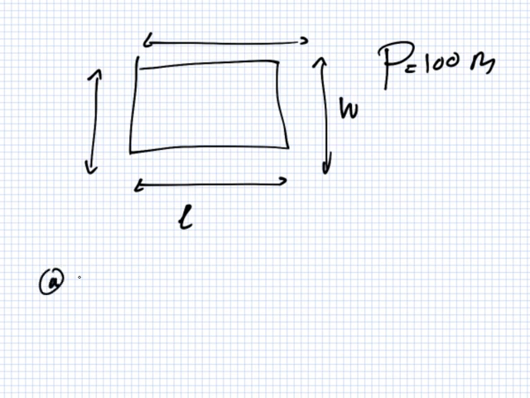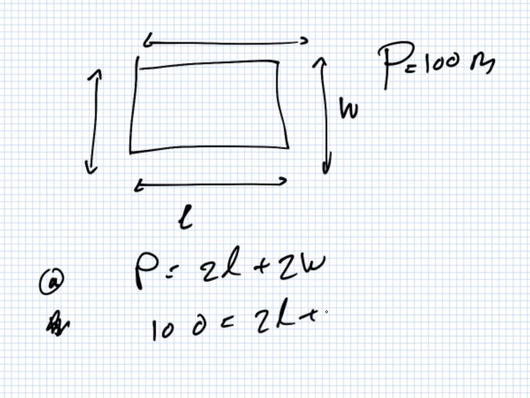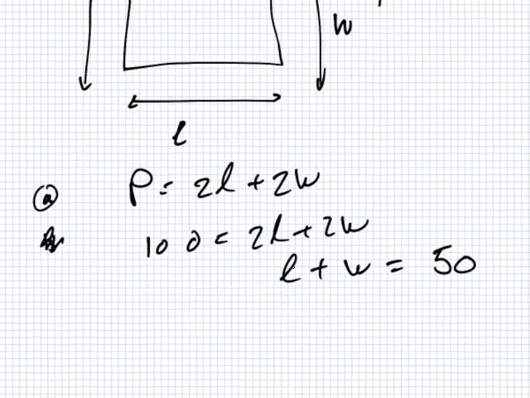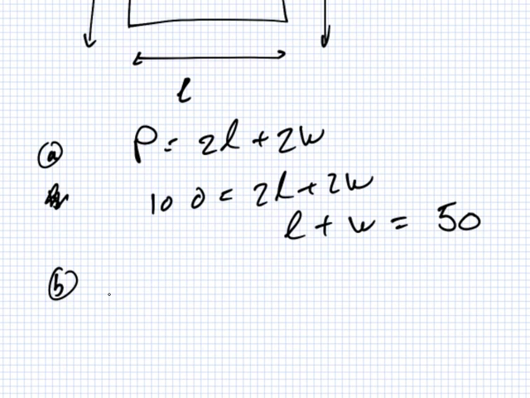What is the perimeter? The perimeter will be 2L plus 2W. B, so write down the constraint. The constraint is 100 must equal 2L plus 2W. So what must L plus W equal? 50. So increasing the L causes a decrease in the W. What's the area?